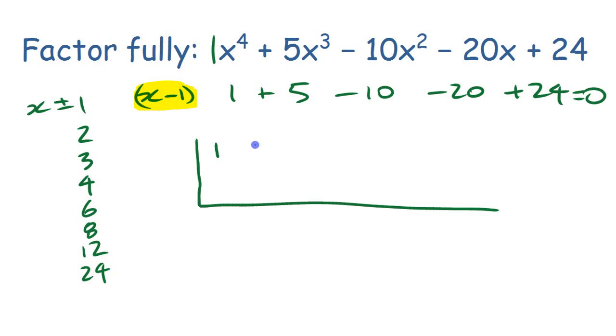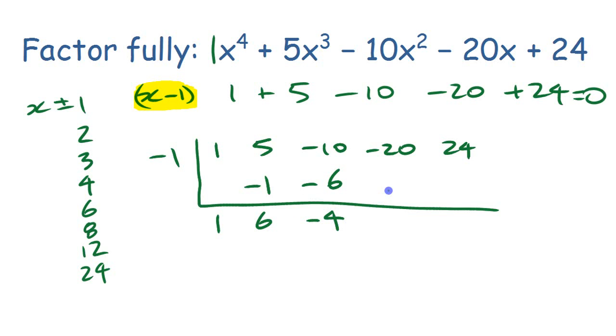Put our original coefficients, 1, 5, -10, -20, 24. We are dividing by x minus 1. So we can do this pretty quickly, hopefully. And we get 4, -24, 24. Subtract, we get 0.